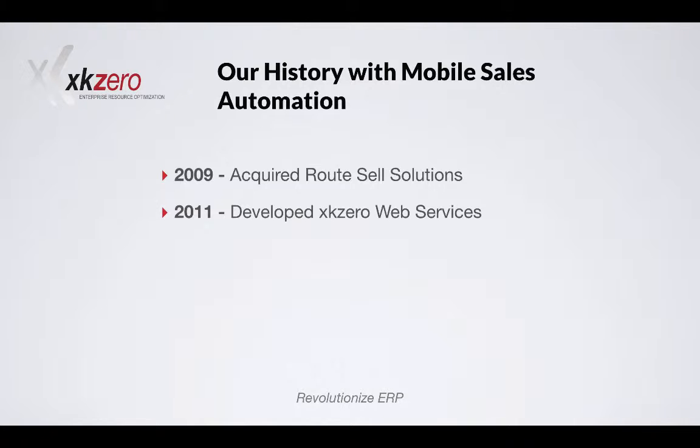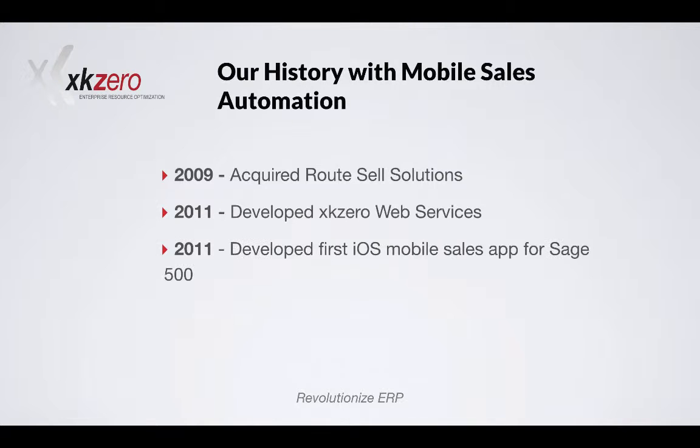It required full Windows client, running on full SQL, on tablets or rugged laptops and so on. In 2011, we developed our xkzero web services. These are RESTful web services that allow for easy integration between mobile and web apps and the Sage ERP solutions.